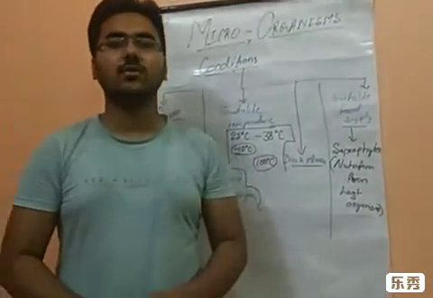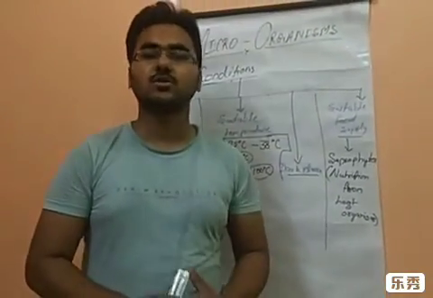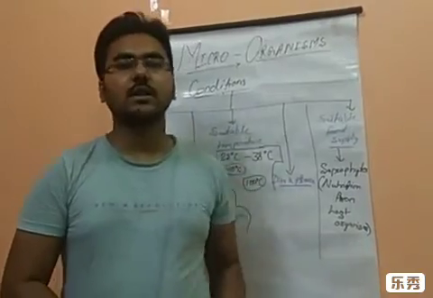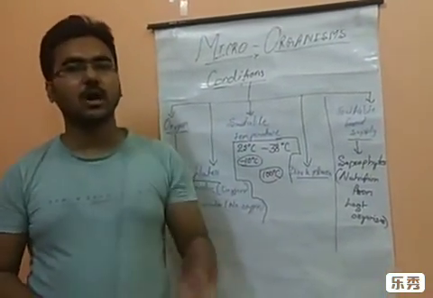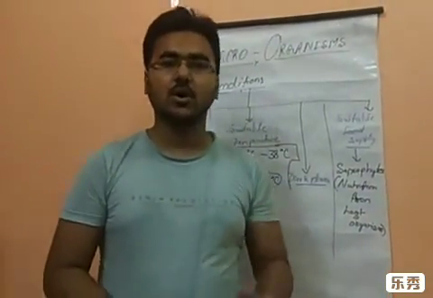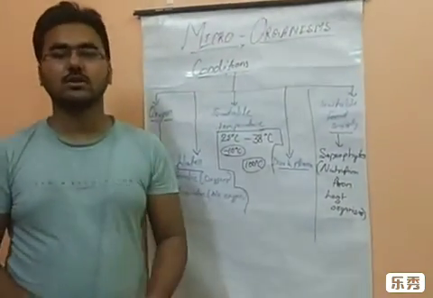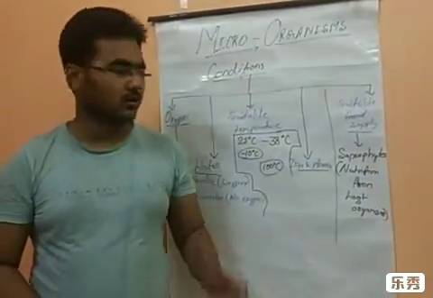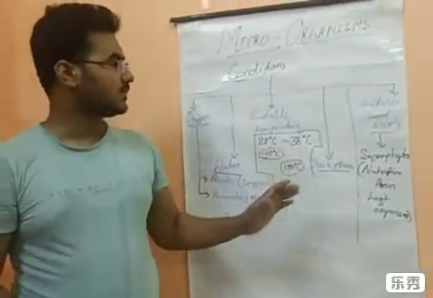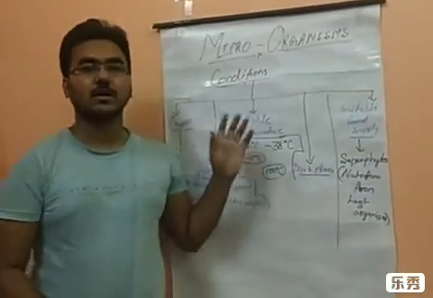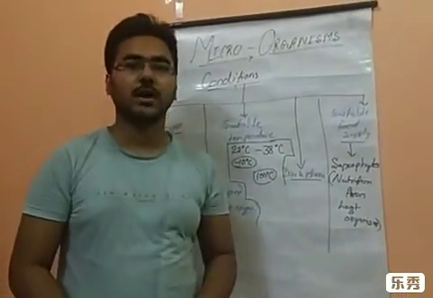As we all need food to survive, microorganisms also need food to survive. Whatever organism they are living on is called the host organism, and they get nutrition from that host organism for their survival and growth. So these were the 5 basic conditions needed for the growth of microorganisms.